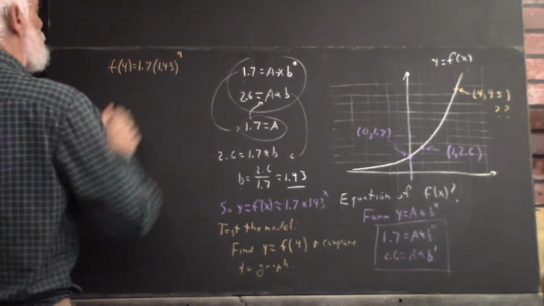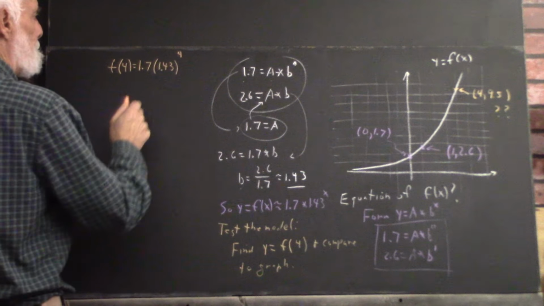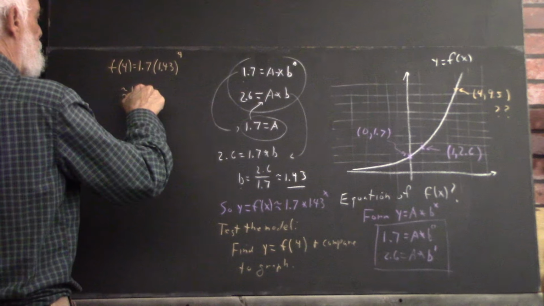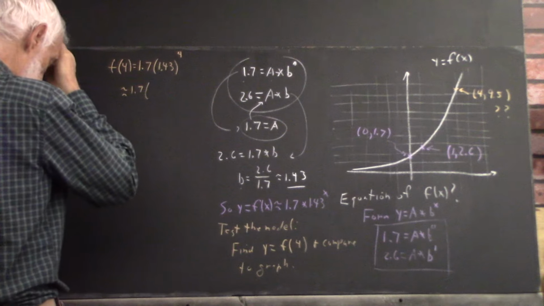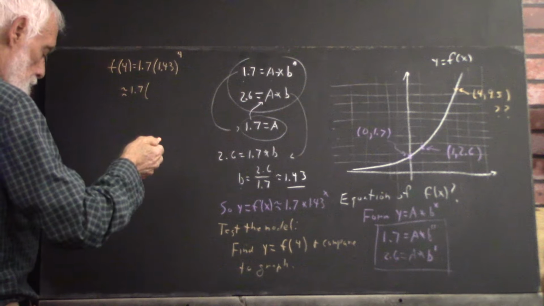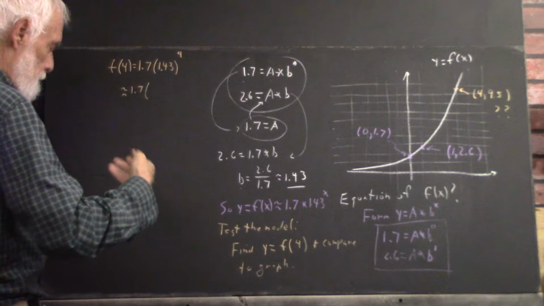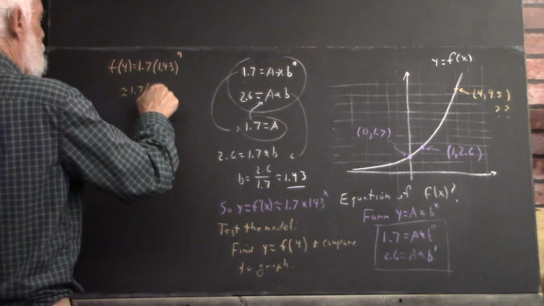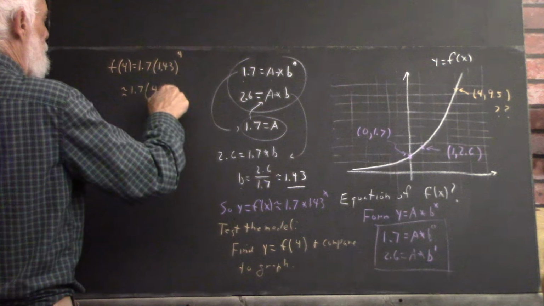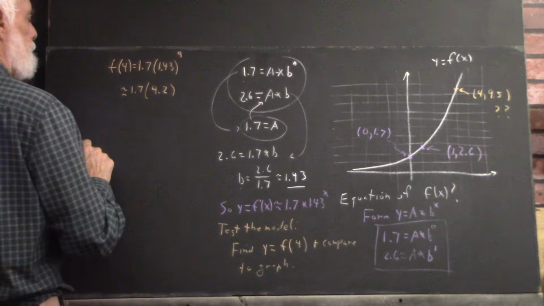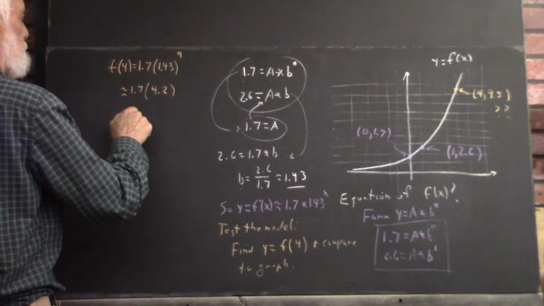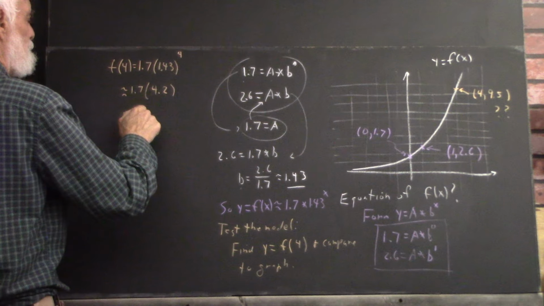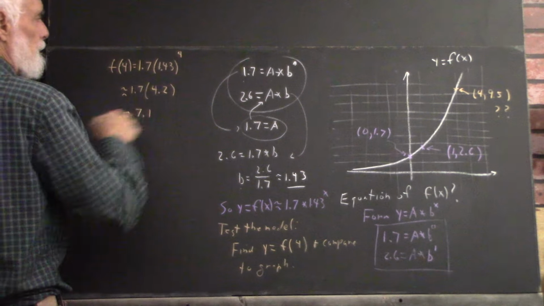Well, 1.43 raised to the 4th power, 1.5 raised to the 4th power, I'm just going to say this is maybe about 4.2. And this would be approximately equal to 7.1.